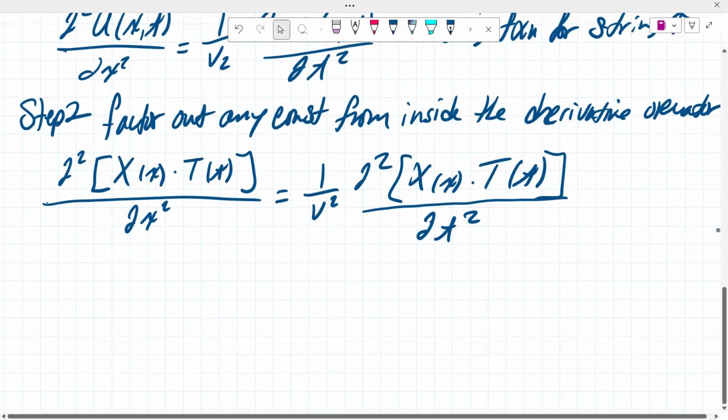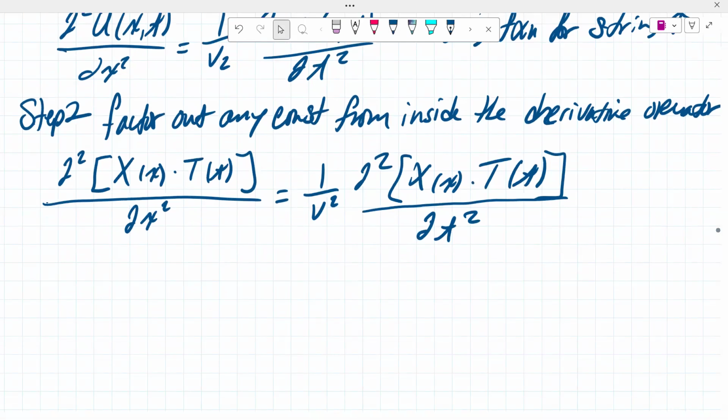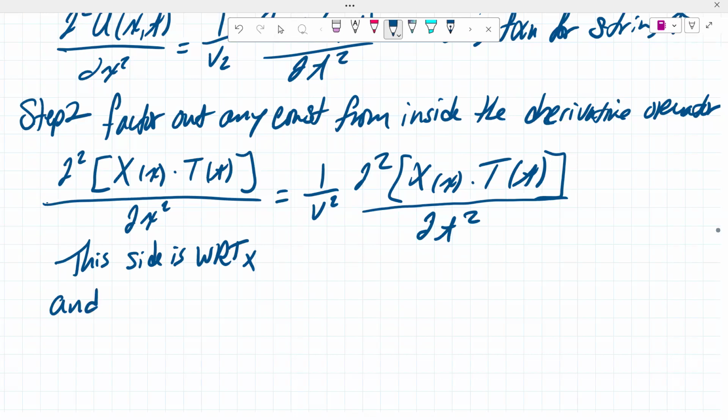This side, over on the left, is about x because we're taking the derivative with respect to x. And T of t doesn't have any x in it.